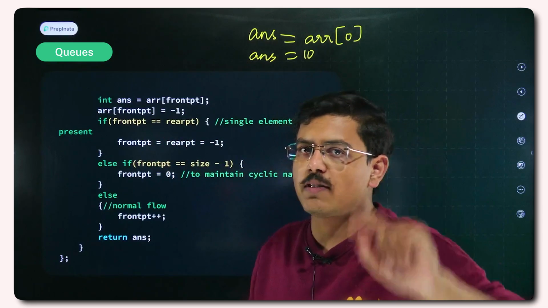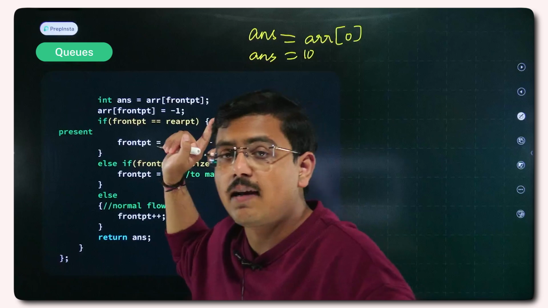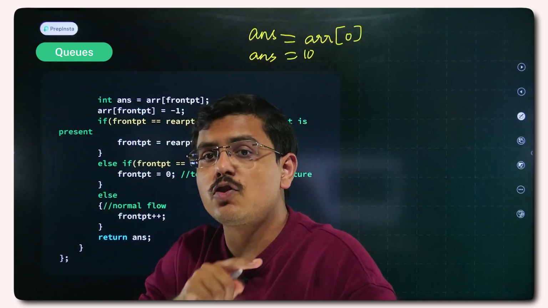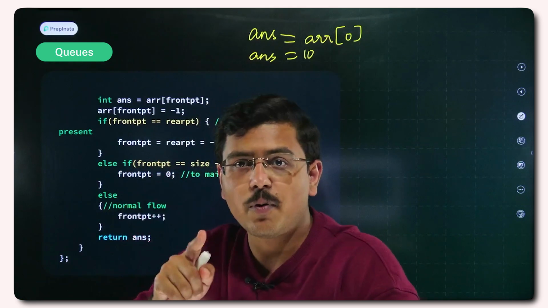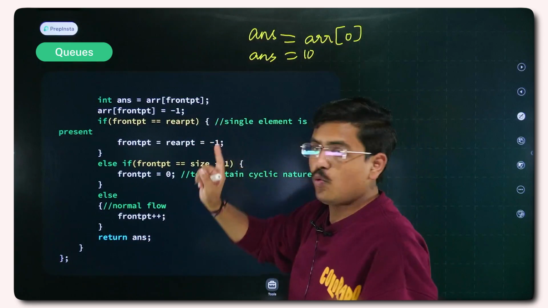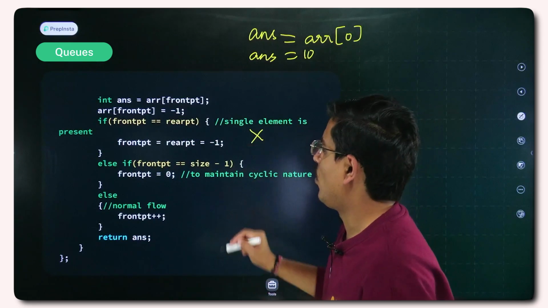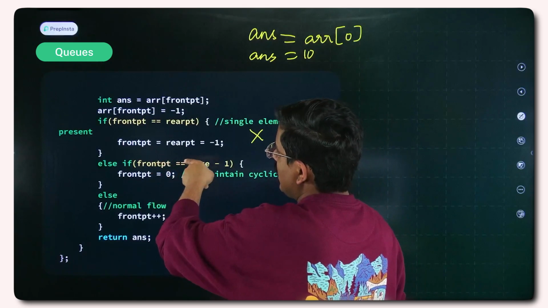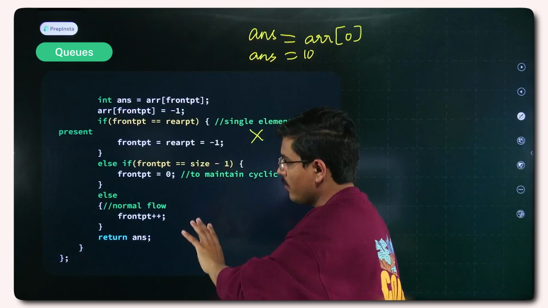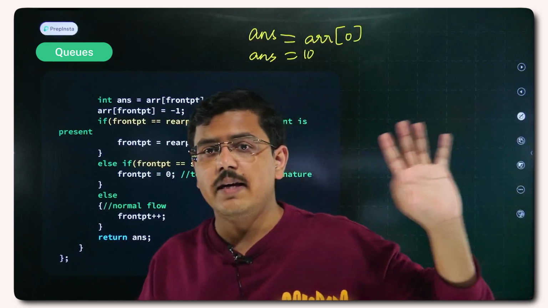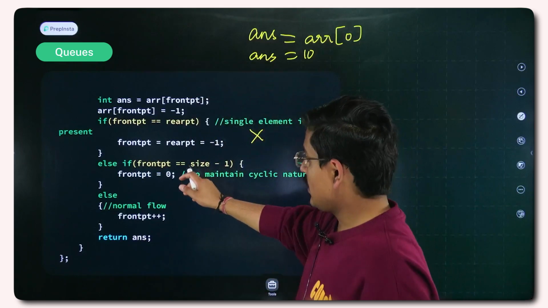When a single element is present, this becomes true. Remember, when we had added just 10, then front PT was 0, rear PT was 0. At that point of time, this would have become true. But right now it is not true, so this would not work. Now, if front PT equal to size -1, which is the last index, which is 4, is front PT 4?